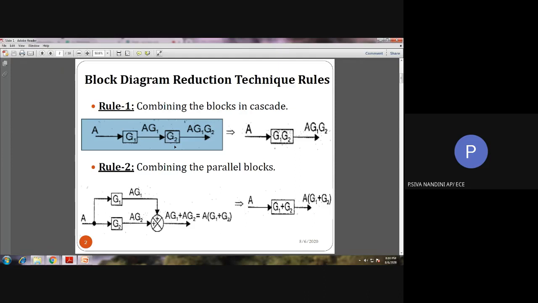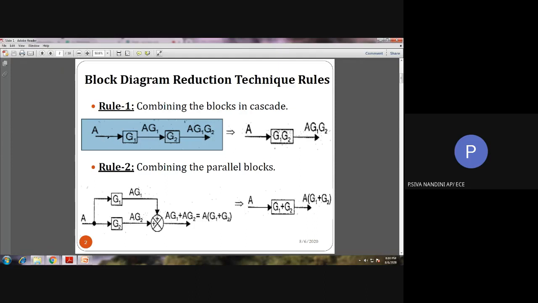Then what can we do? We shall see. In this figure G1 is there and we are giving A as an input to this block G1, and the output obtained from this block G1 is AG1. Then to the block G2 we are going to give the input AG1, and finally we will be obtaining the output AG1G2.